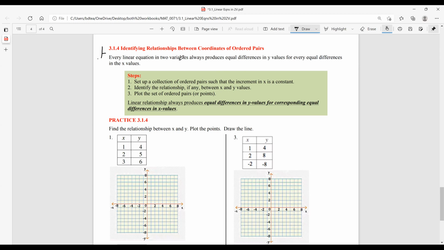So for this exercise, I'm just going to go through and plot the points and give you the relationship. Students will not be tested on this, but I wanted to go through it as part of an exercise so you can start understanding the relationships when we start graphing lines.